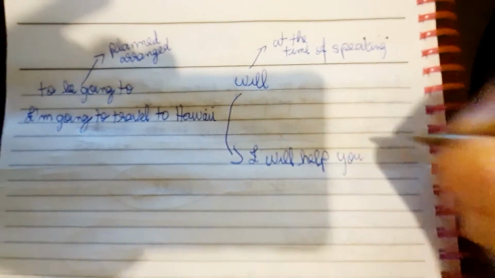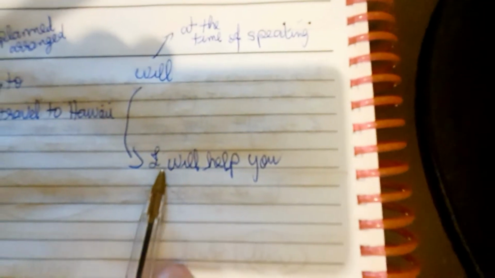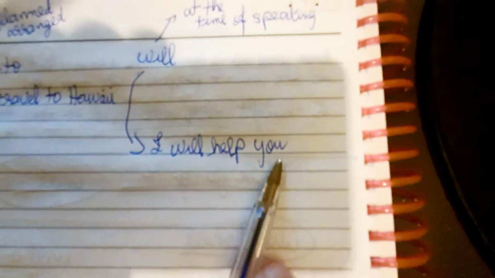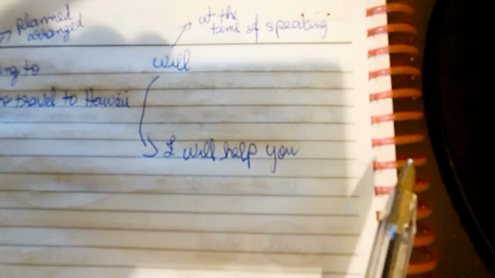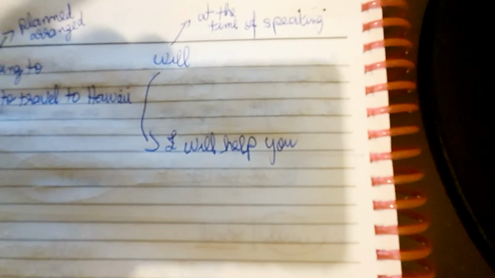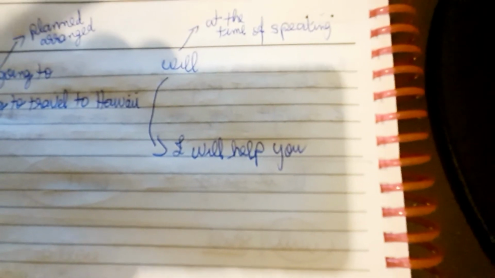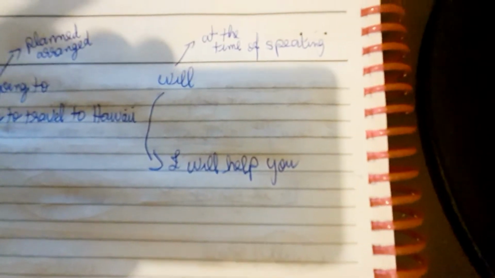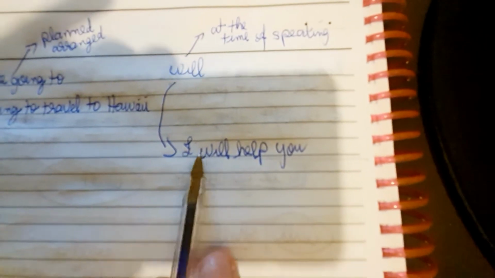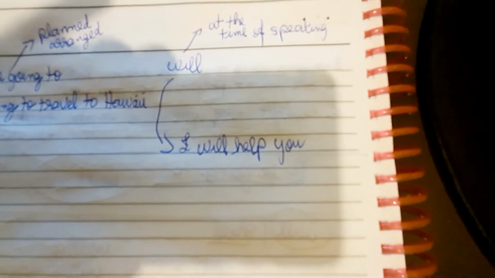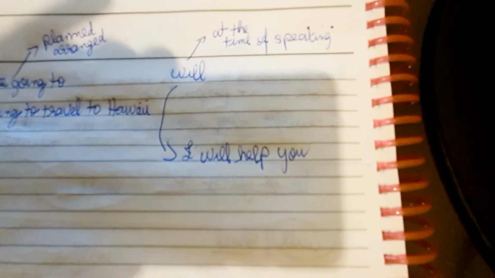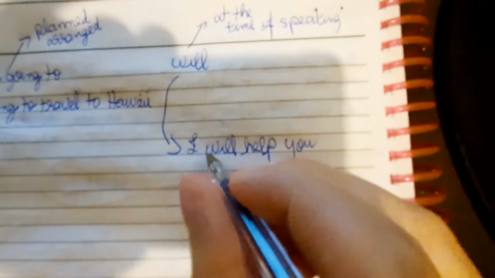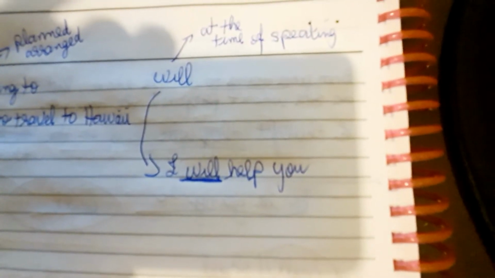Imagine a situation where you see a girl carrying her groceries on the street and suddenly her bag falls on the floor, and all her groceries are scattered around and she has some trouble recovering them, so you offer help. I will help you. Right? I will help you. You took the decision at the time of speaking.